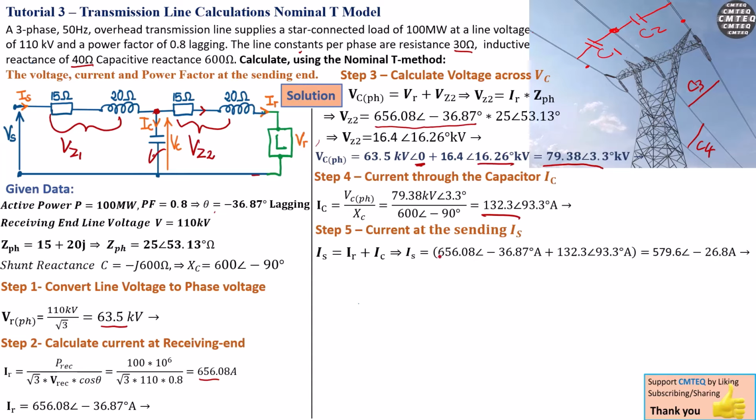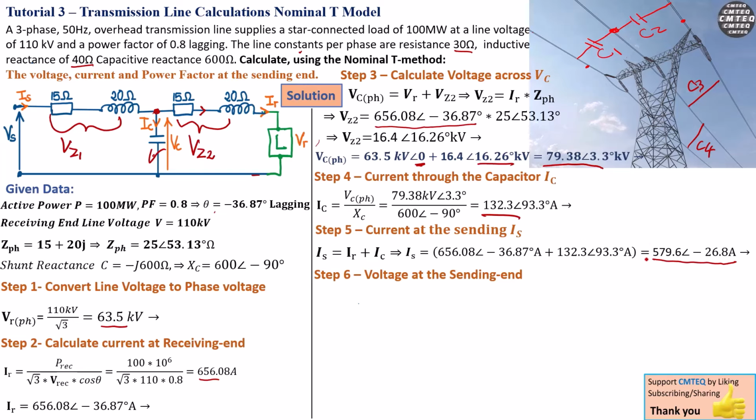That means IS is equal to IR, which is this particular current per phase, plus the current IC, which we calculated here. So we find this current IS to be the sending end current. Straightforward, very simple, guys, but you have to understand the methodology so that you don't make mistakes. Now we move on to step 6, voltage at the sending end.